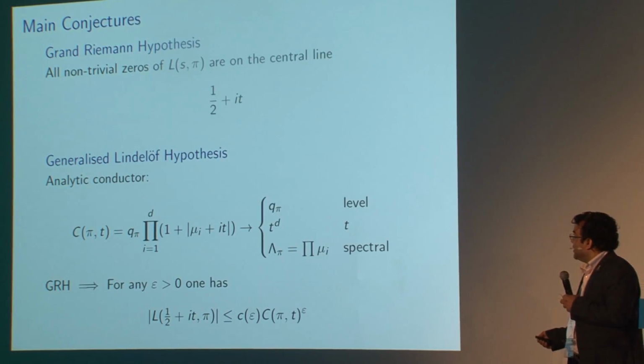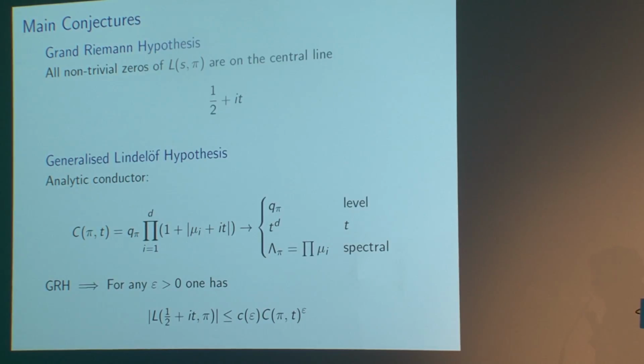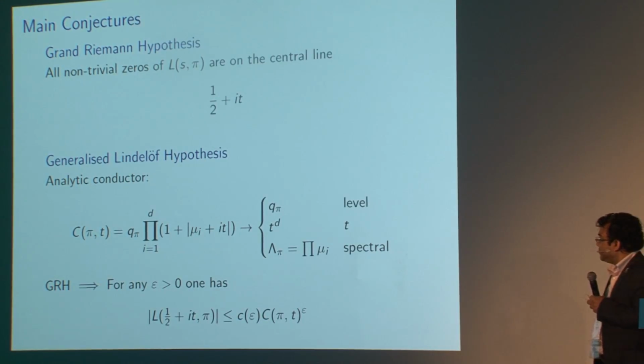So there are three different components which go into this conductor. One is the level, q_pi. And if you forget all the other parameters, the number of t's that appear is t to the power d. That's the t part. And the spectral part is if you take t to be fixed and q_pi fixed, then you're basically taking a product of the mu_i factors. So that's the spectral parameter.